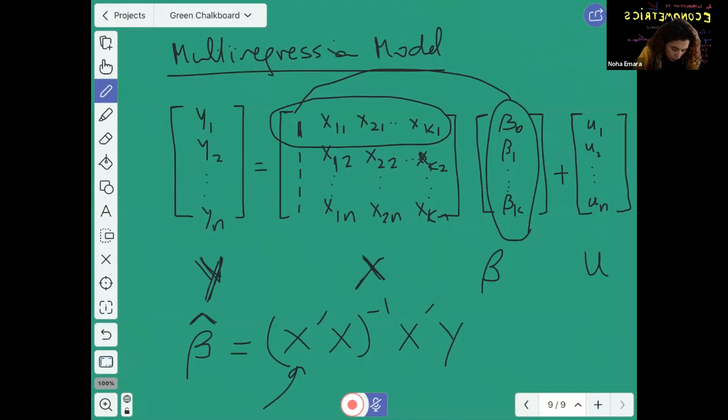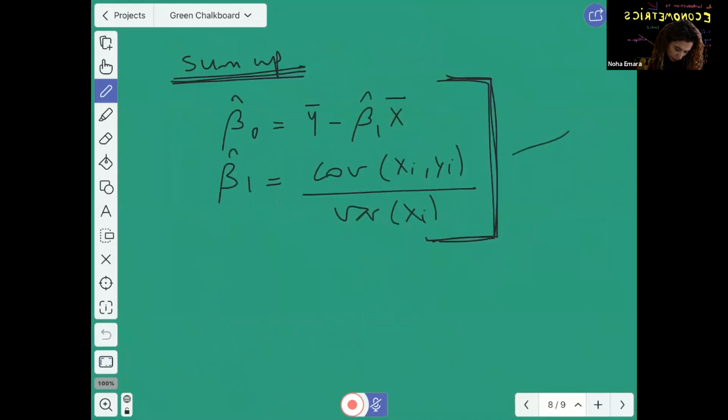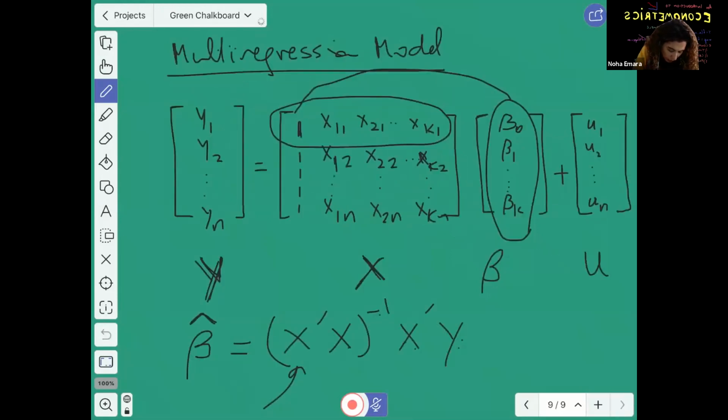So X prime Y gives you a similar idea to covariance of X and Y, and X prime X gives you the same idea as the variance of X, okay? And this vector is a vector of estimates, beta hat naught all the way up to beta hat k, and we call this the vector of estimators, or the betas, okay?